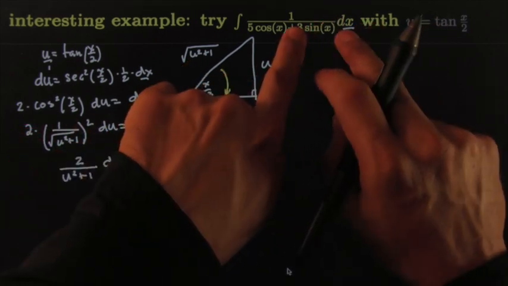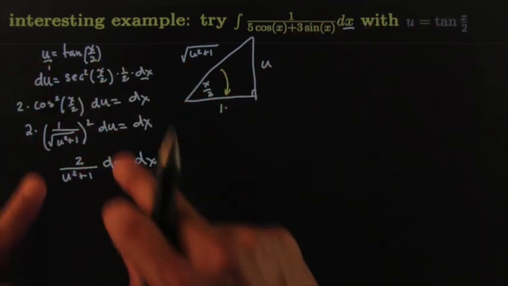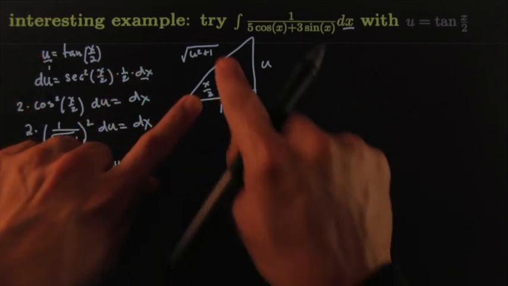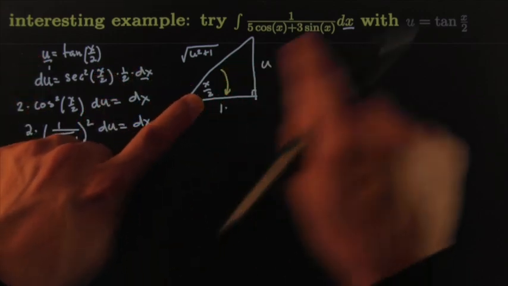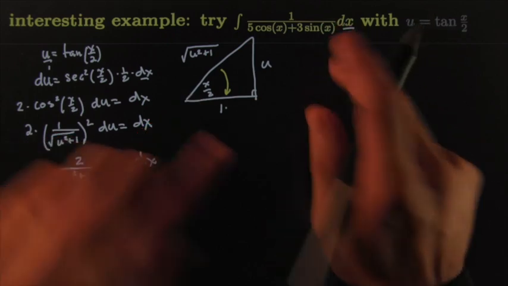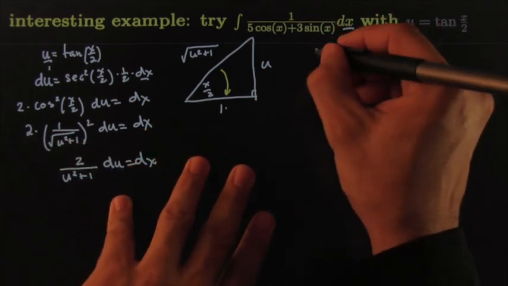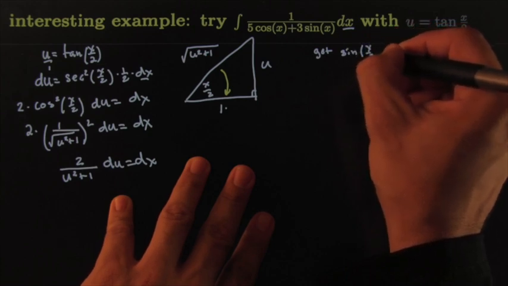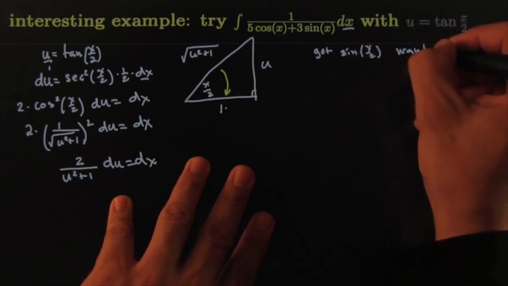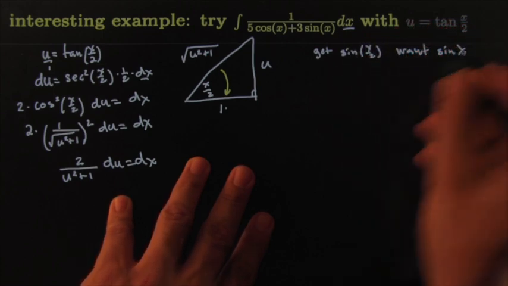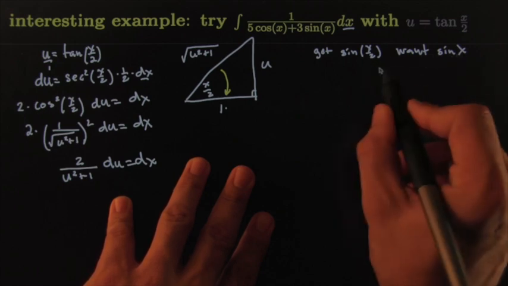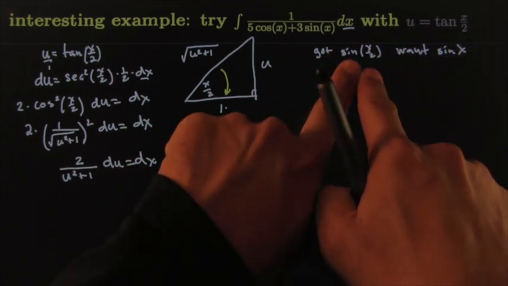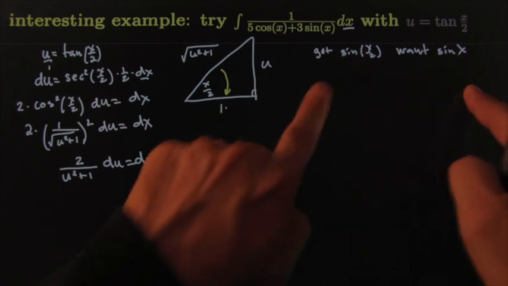That'll go there. I've got sin x there, and I don't have sin x anywhere in my dictionary. But I do have a triangle that tells me the ratios for x over 2, but I need one for x. Whenever you've got sine of x over 2, but you want sine of x, you might want to think about some double angle identity that tells you the exchange rate between a normal angle and half the angle, or going that way with a double angle.